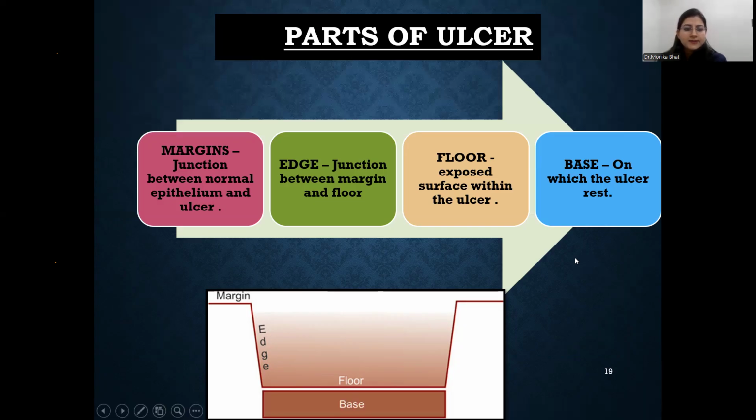The margin is the area where there is a junction between the normal epithelium and the ulcer. The edge is the part of the ulcer where there is a junction between the margin and the floor of the ulcer, and the floor is the exposed area that we can appreciate with the naked eye, that is appreciable on the surface, and the base is what the ulcer rests on.